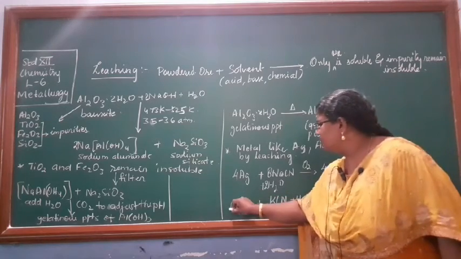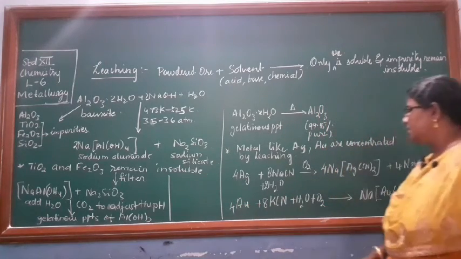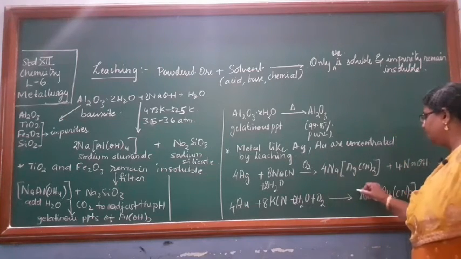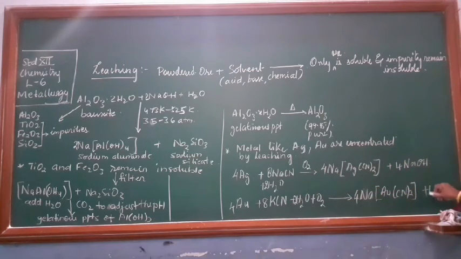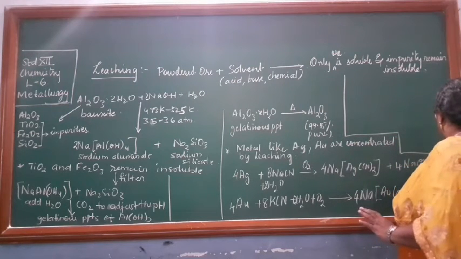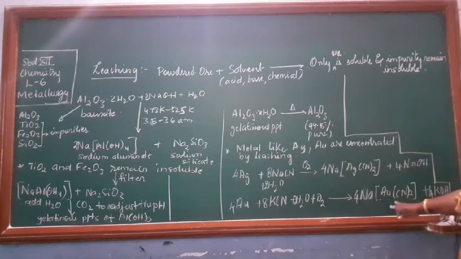Here again you can balance it: 4Au plus 8KCN plus 2H2O plus O2 giving you 4K[Au(CN)2] plus 4KOH. Followed everyone? So you first make the complex.